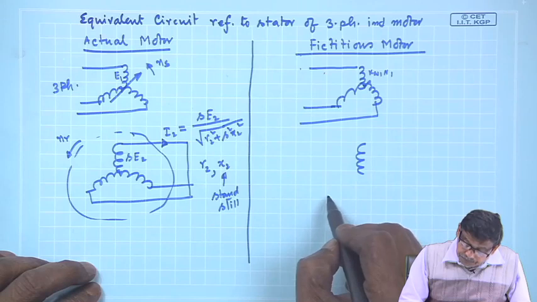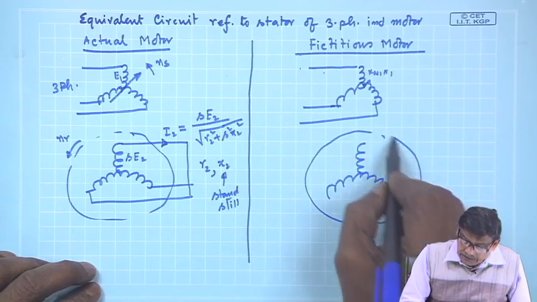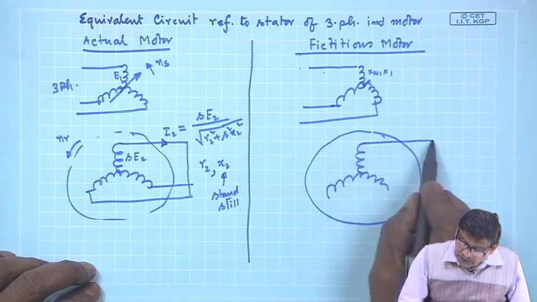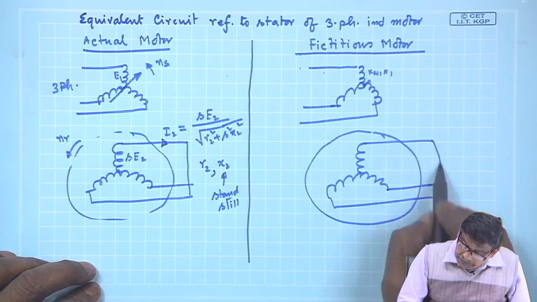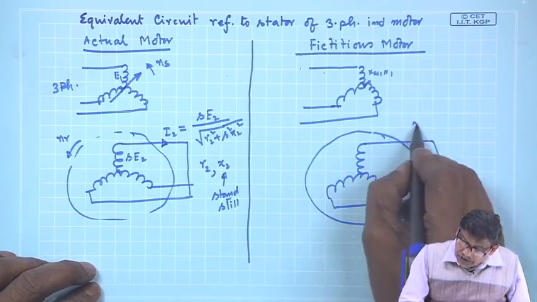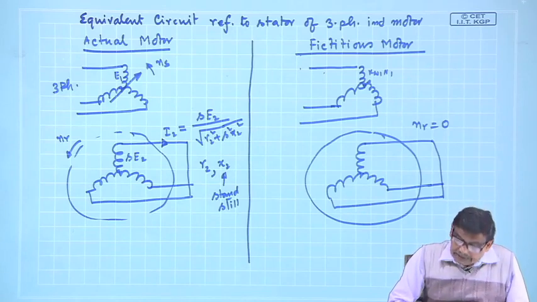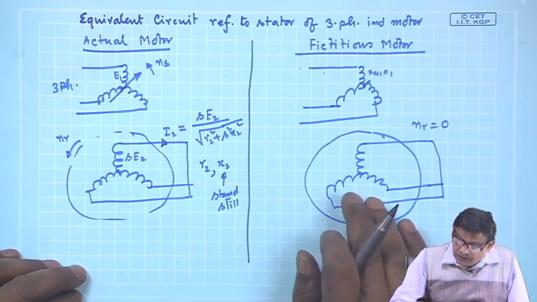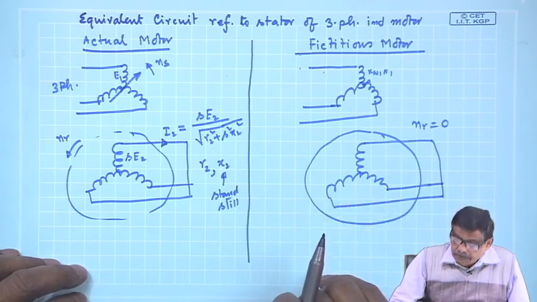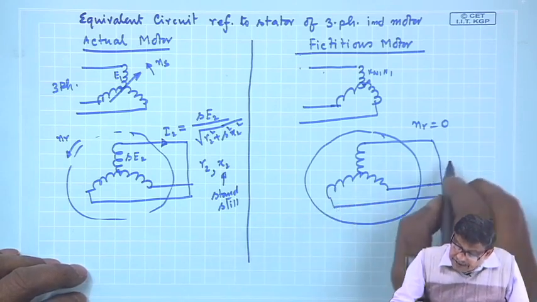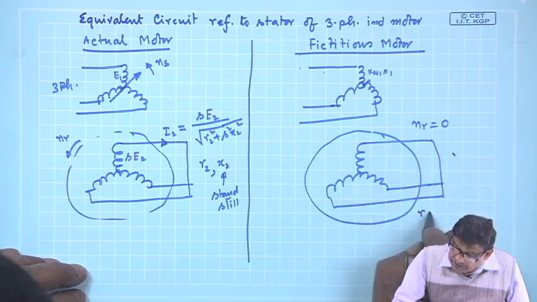Here is your rotor. This rotor is also shorted, but nr equal to 0. I am not allowing it to rotate, and I have manipulated the parameter values. How have I manipulated? Its resistance. So it is a stationary rotor at standstill.